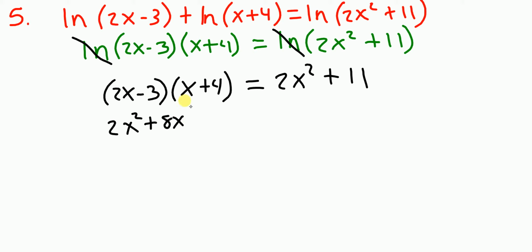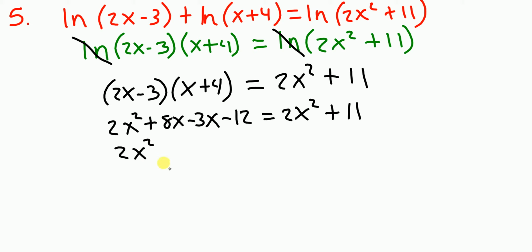Negative 3 times x gives me negative 3x. Negative 3 times 4 gives me negative 12. Bring down the other side. Okay, combine your like terms. 2x squared plus 5x minus 12.